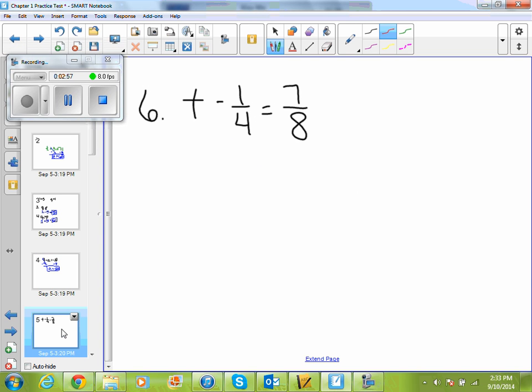Okay, if we look at number 6, T minus 1/4 equals 7/8. Add 1/4. And those cancel, and I get T equals. What has to be the same in order to add fractions? Denominator. Okay, so let's make this denominator 8. What do I need to multiply to make it 8? 2. 4 times 2 is 8.